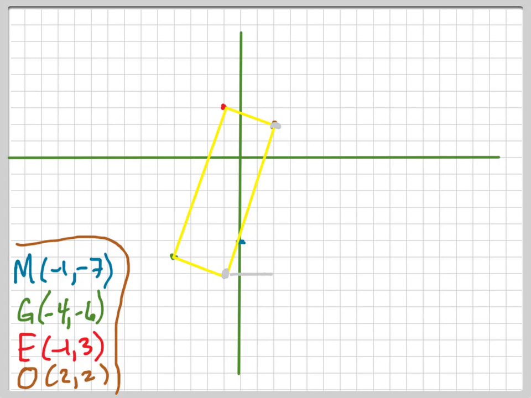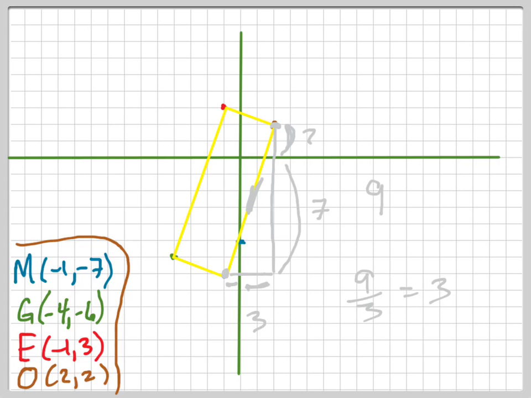The rise is this distance here is 2, and this distance here is 7, so the rise is 9, and the run, this distance is 1, that distance is 2, so the run is 3. So the rise over the run for that line is 9 over 3, which is 3.